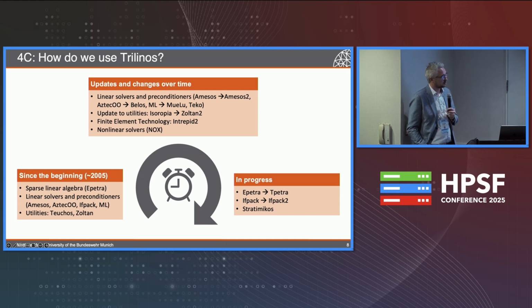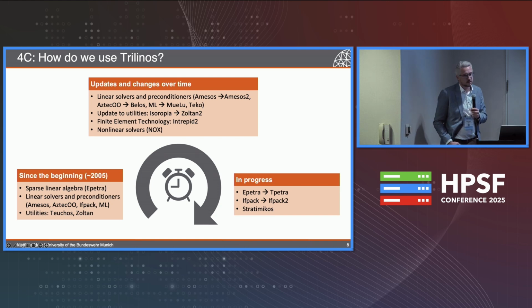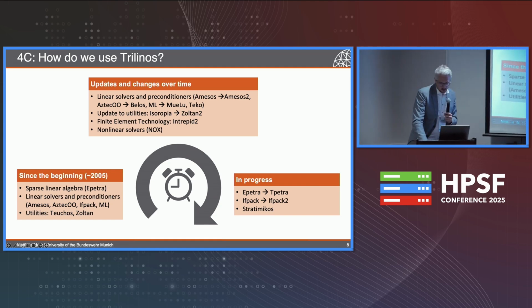What we're currently focusing on, and we're not going to make the September deadline, but hopefully we don't miss it by too much, is getting this Epetra to Tpetra transition done, along with Ifpack to Ifpack2. And we are thinking about integrating Stratimikos just to ease our interfacing with linear solvers. So this is current work in progress.